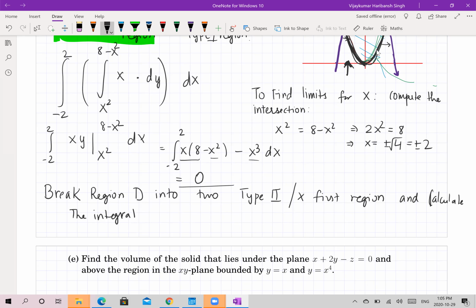That's a very interesting exercise to do, so that you have a hold of both types of regions and how you can break the region to go from one to the other.